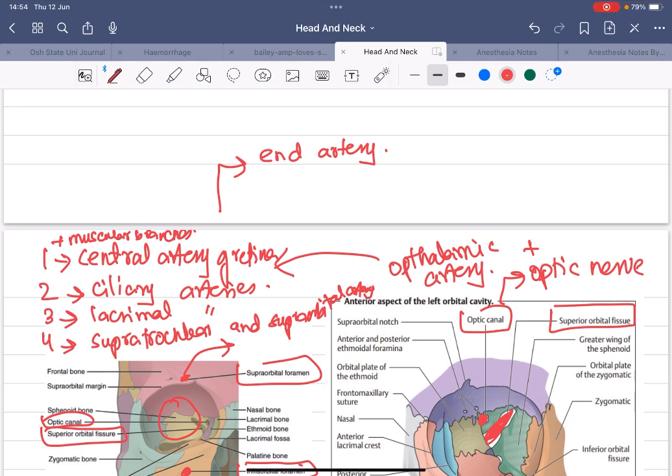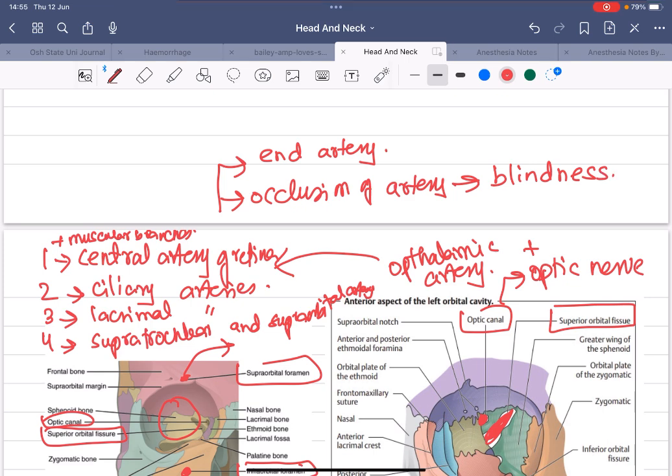Please remember it, very, very important. The central artery of the retina is an end artery and it does not have any anastomosis. That's why occlusion of this artery will lead to blindness in the patient.